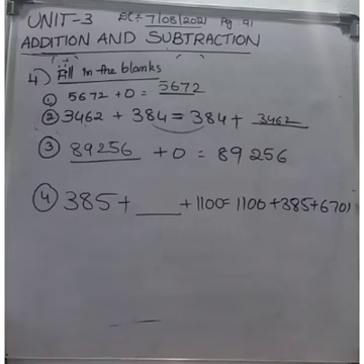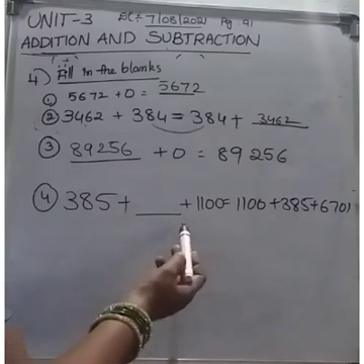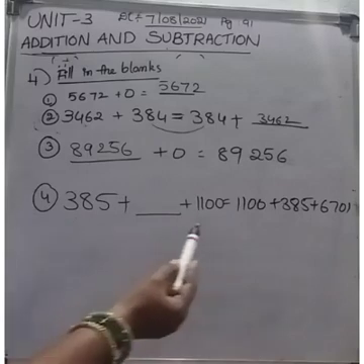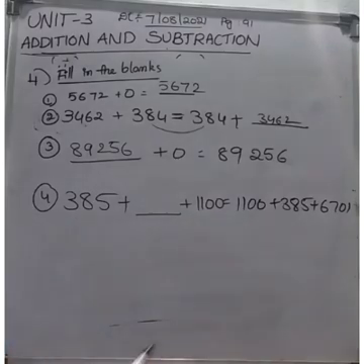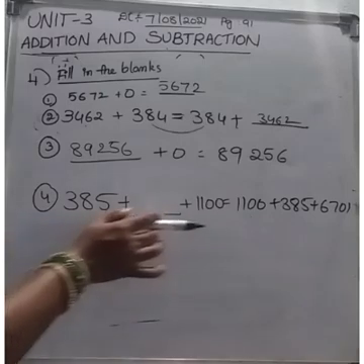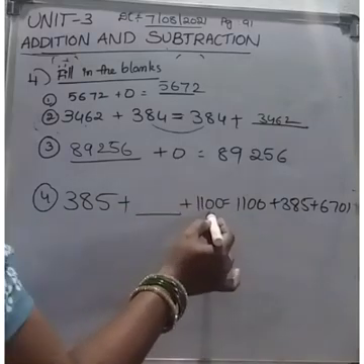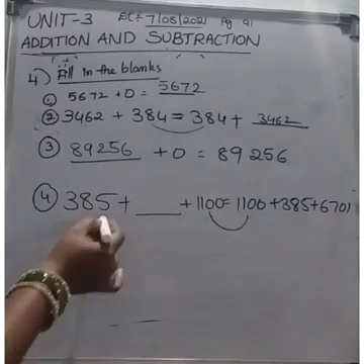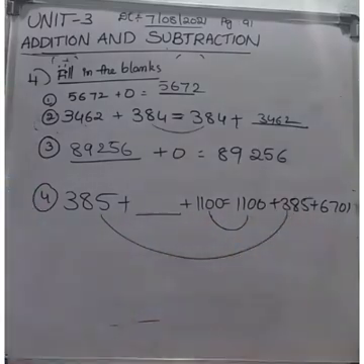Fourth one, 385 plus blank plus 1100 is equal to 1100 plus 385 plus 6701. Think mentally what will come in the blank. In these three numbers, between them is equal to is there. Here 1100 is the same, here 385 is the same.